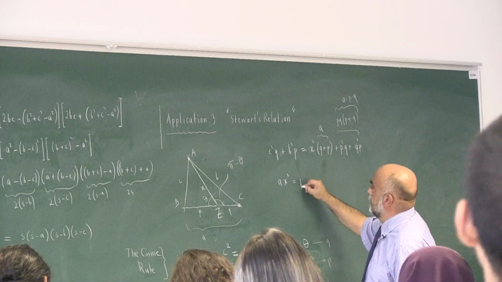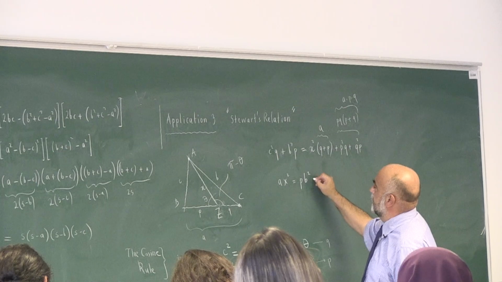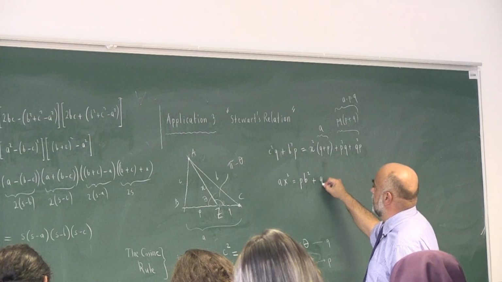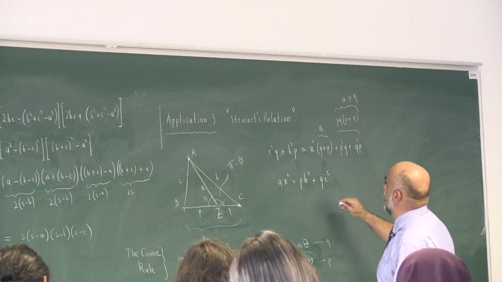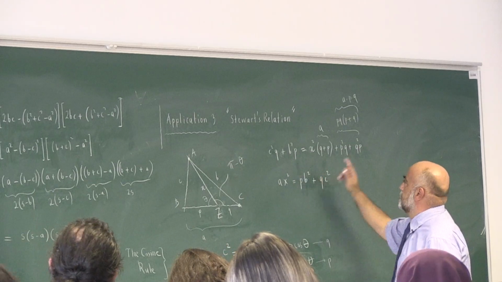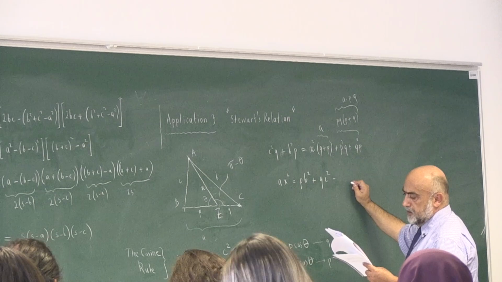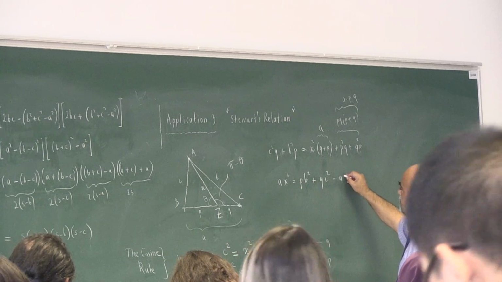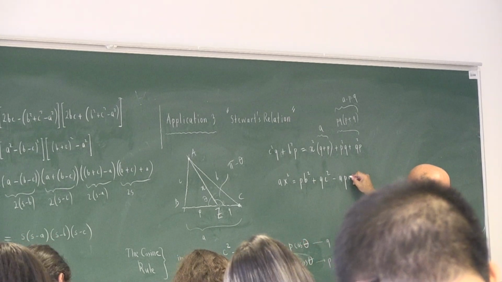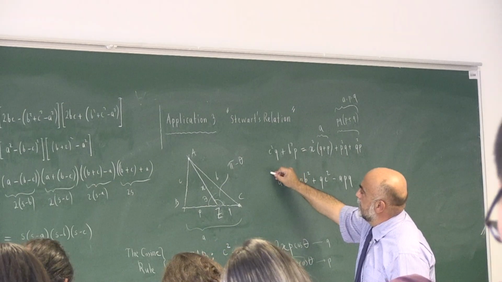It's all a matter of taste. You can write it in any way you like. Then of course I've got this minus. This is how I like to write it, but you can write it in any way that you wish.